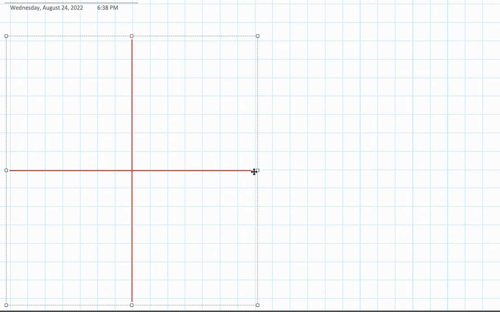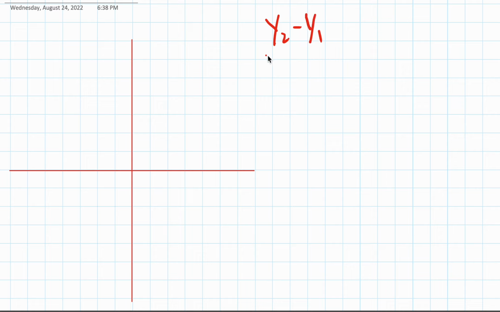The slope formula says y2 minus y1 over x2 minus x1. So again, we can see it's y on top, the change of y over the change of x. That's really what the slope formula is asking.